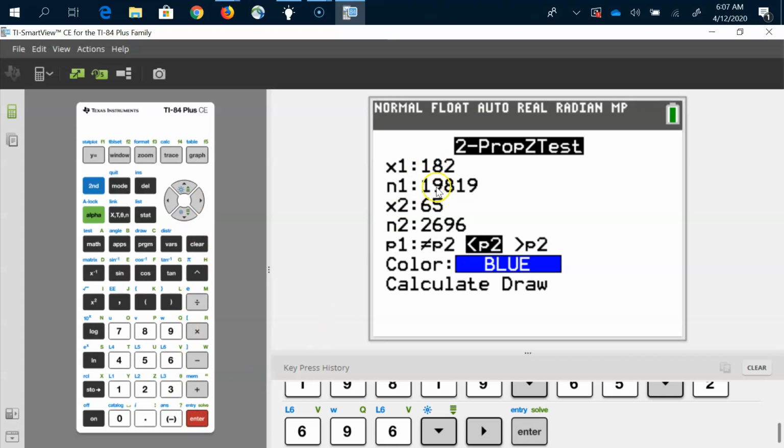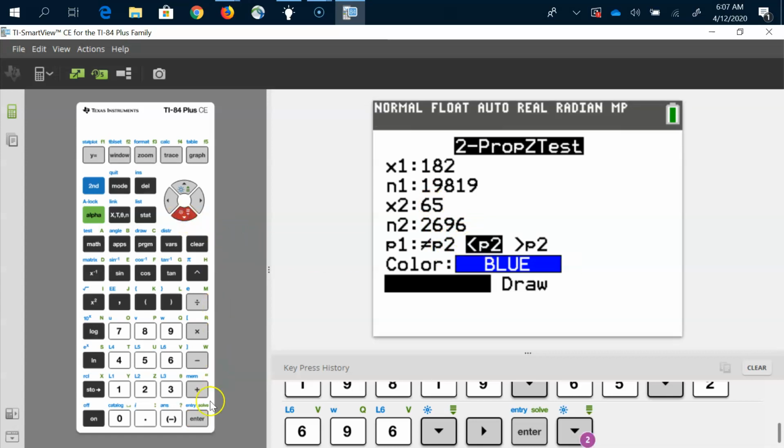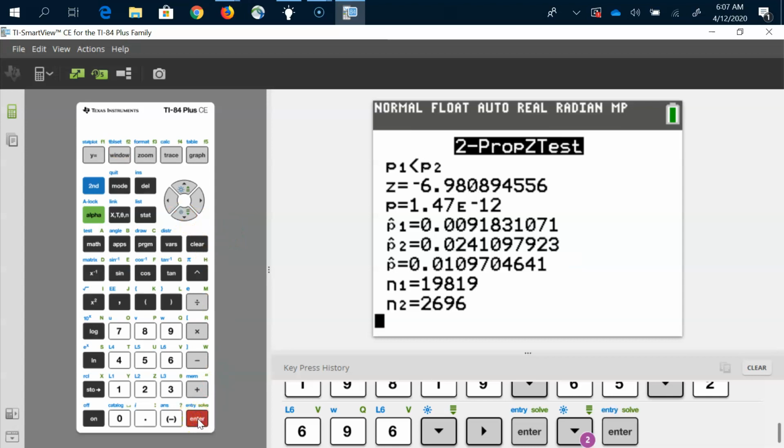Sample size 1, number of successes. Sample size 2, number of successes. The alternative hypothesis had a less than symbol. Now I'm going to calculate. Okay.